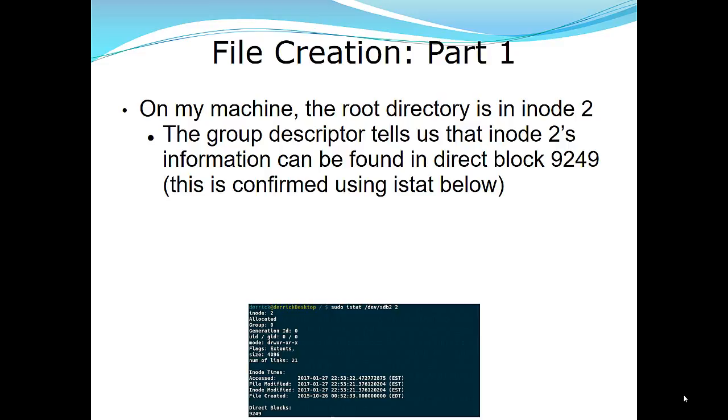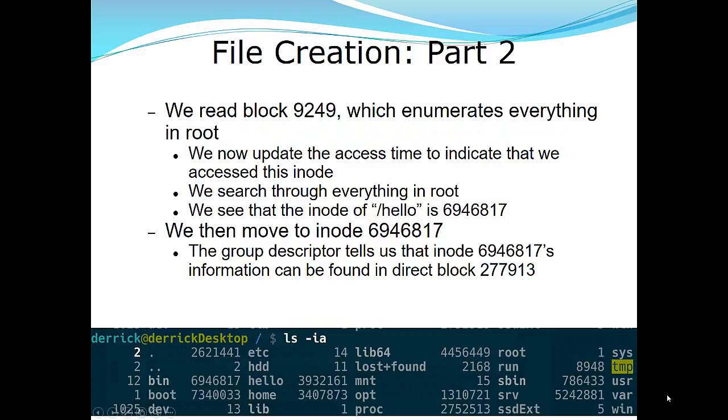The group descriptor tells us that inode 2's information can be found in direct block 9249, and that's actually the exact same as my Ubuntu virtual machine was. So same exact things. I had a different number of links and different times, but essentially the information was almost identical. Okay, so let's continue on.